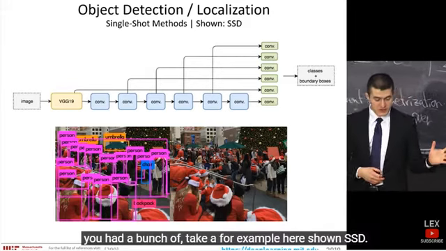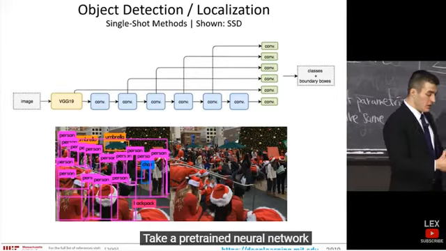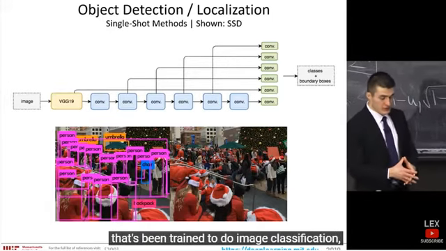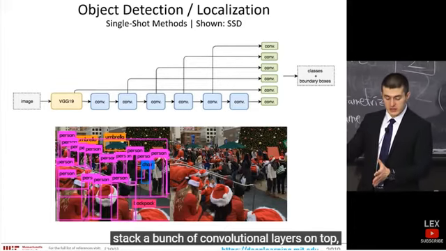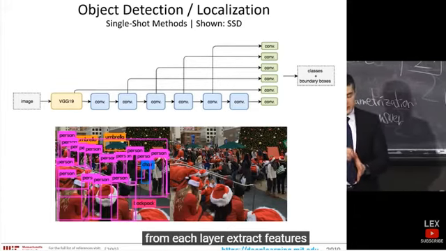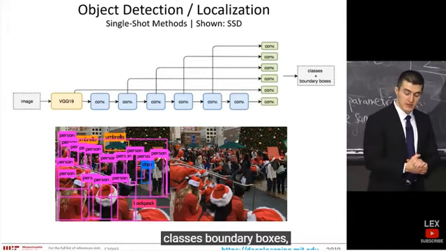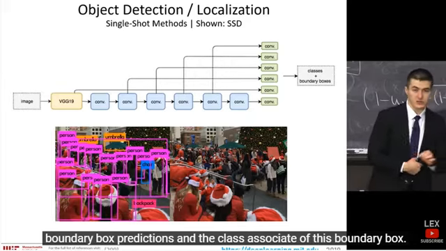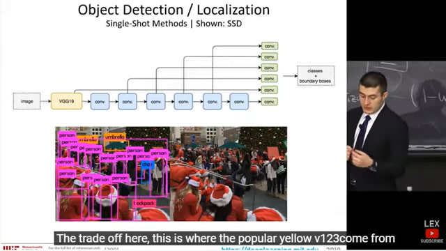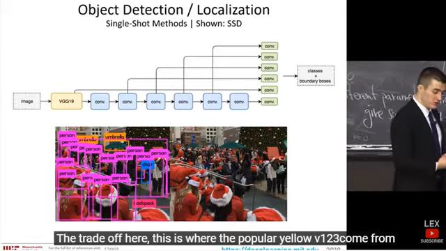For example, here shown is SSD: take a pre-trained neural network that's been trained to do image classification and stack a bunch of convolutional layers on top. From each layer, extract features that are then able to generate, in a single pass, the bounding box predictions and the classes associated with those bounding boxes. The trade-off here is where the popular YOLO v1, 2, 3 come from.